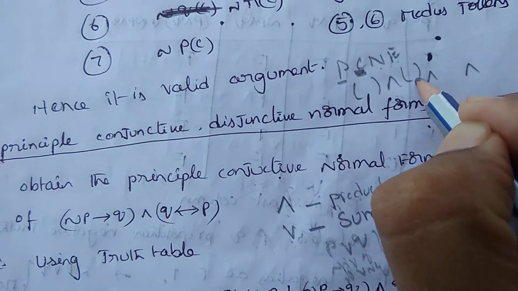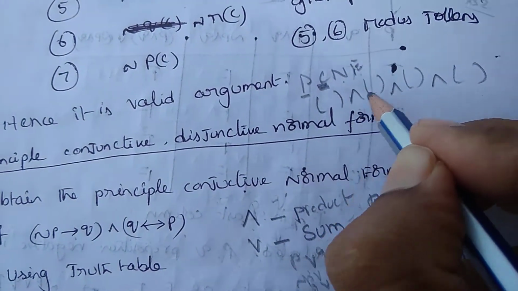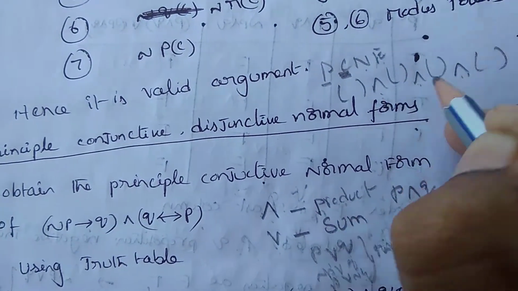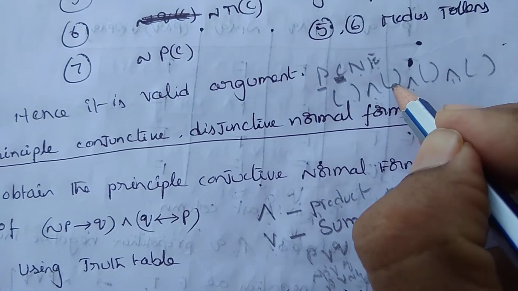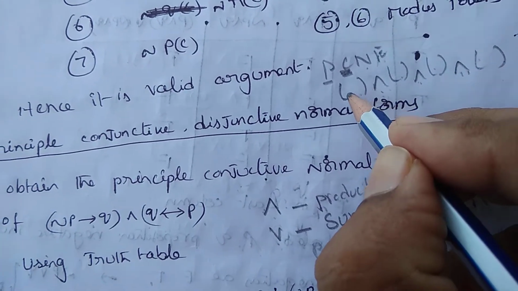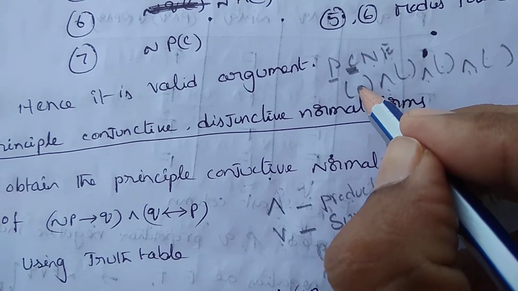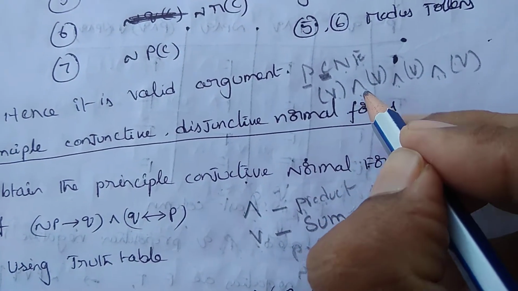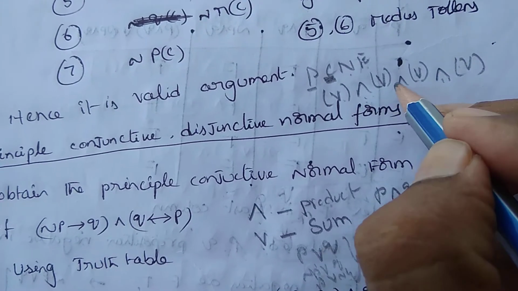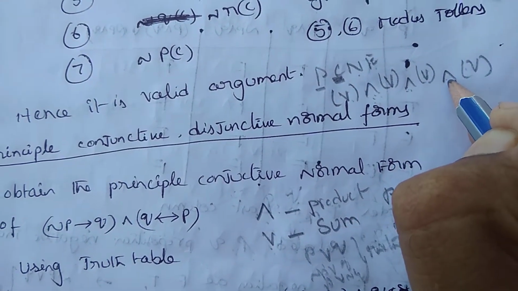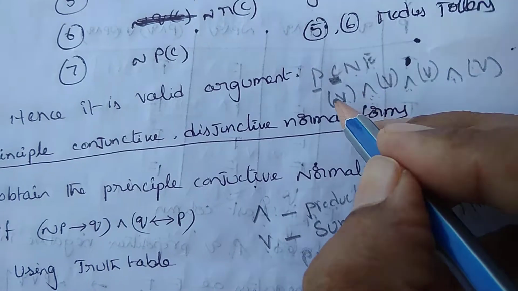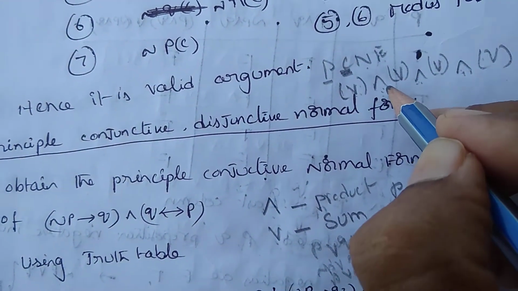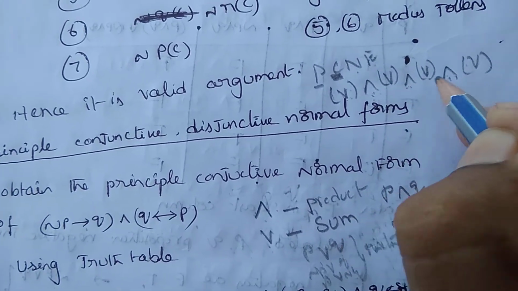For compound propositions, conjunction, that means product of compound propositions, you must have the OR symbol between propositions. So conjunction or product between compound propositions, in those compound propositions the OR symbol must be there. That is called PCNF, principal conjunctive normal form.